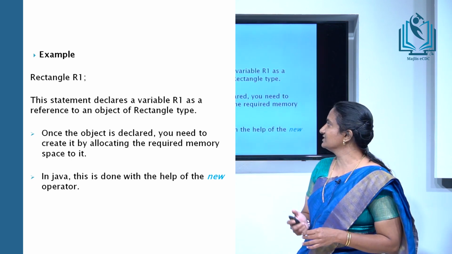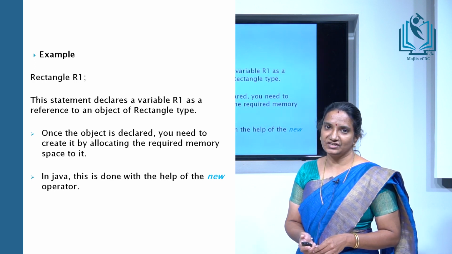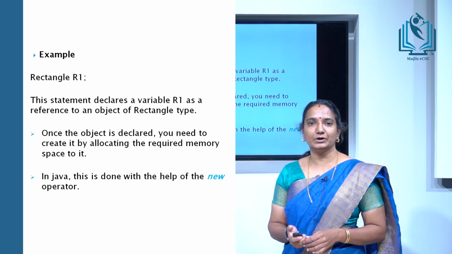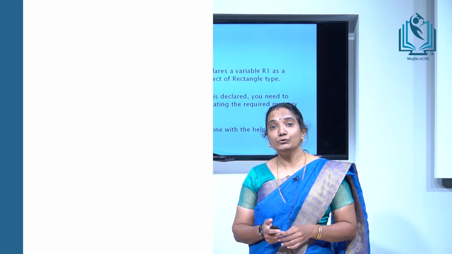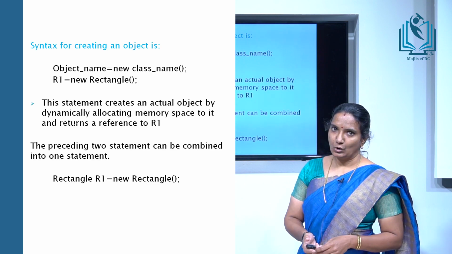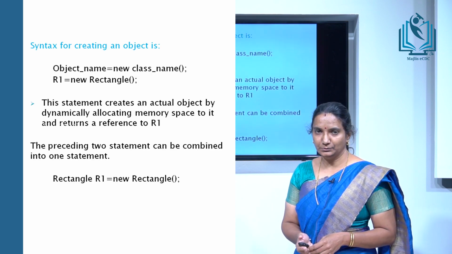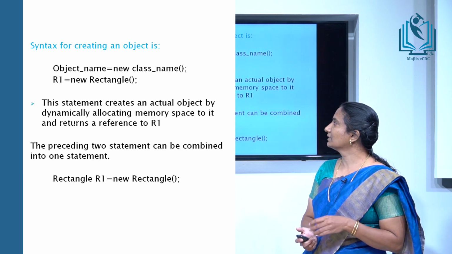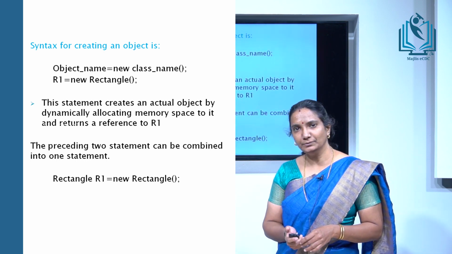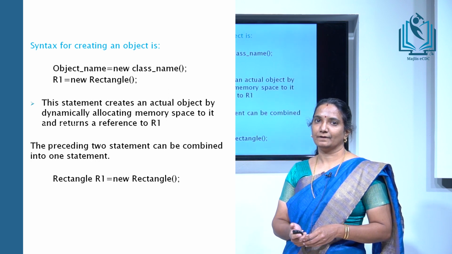Once the object is declared, we need to allocate memory. For that, in Java, we are using the new operator. The syntax is object name equal to new class name. That is, r1 equal to new Rectangle.